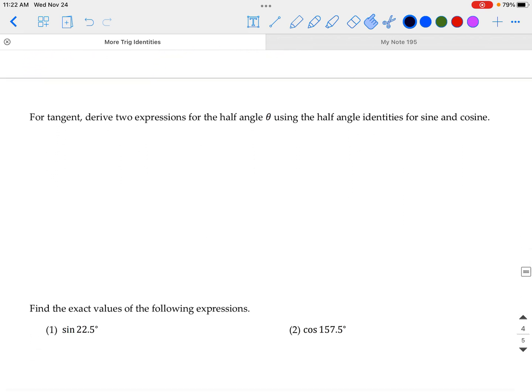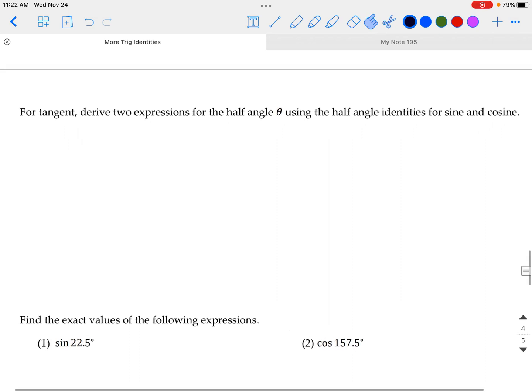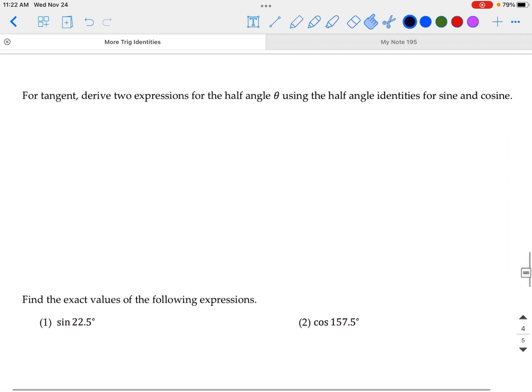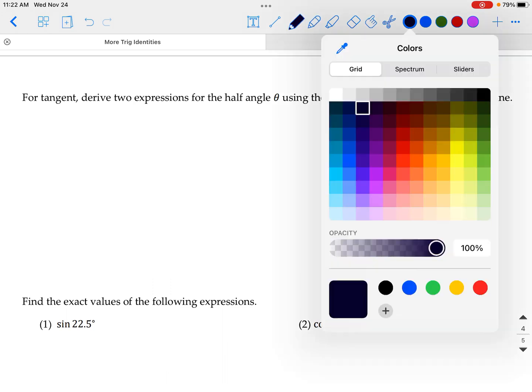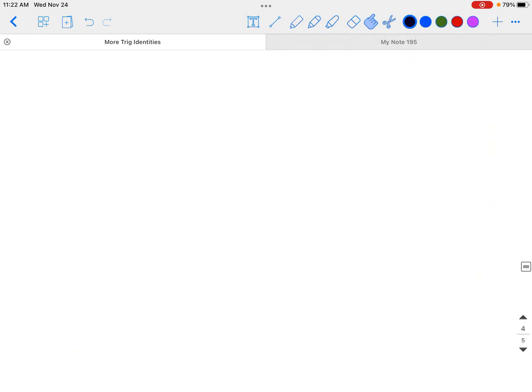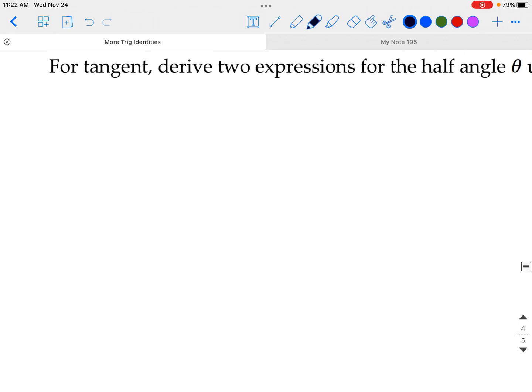And then for tangent, well, what are we going to do for tangent here? It says 2 expressions for half angle, but let's go ahead and look at what tangent of 2 theta is going to look like. So we'll start with tangent 2 theta. So tangent 2 theta is going to be, again, tangent theta plus theta.